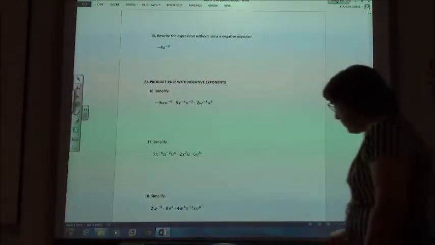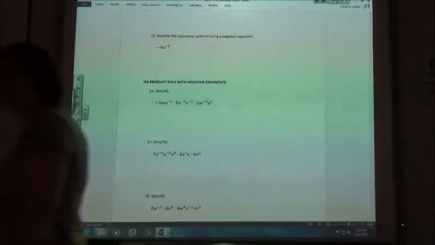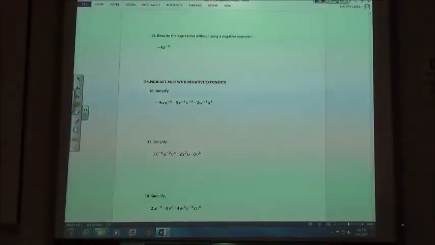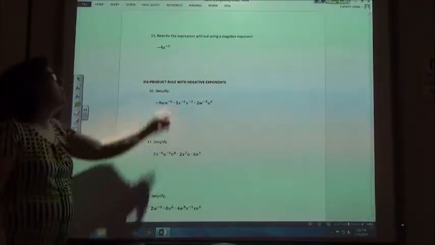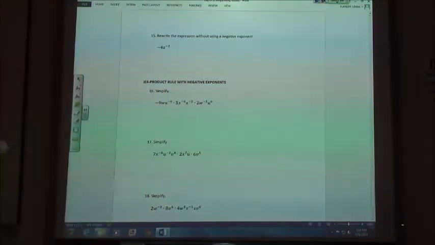So, number 15 then, I want to rewrite that expression without that -z to the -2 power. So how would I rewrite that expression? 4 over z squared? You forgot one little thing on that. -4.